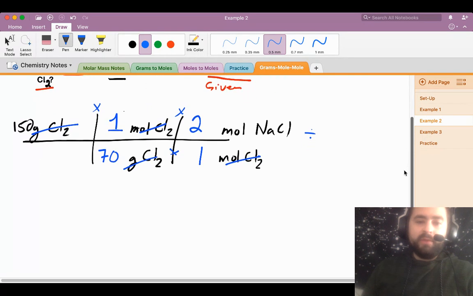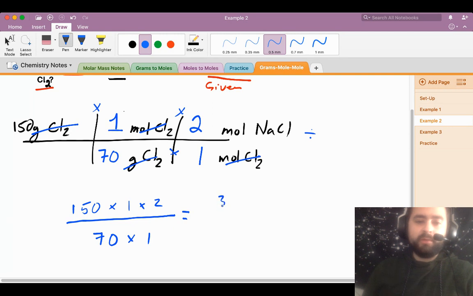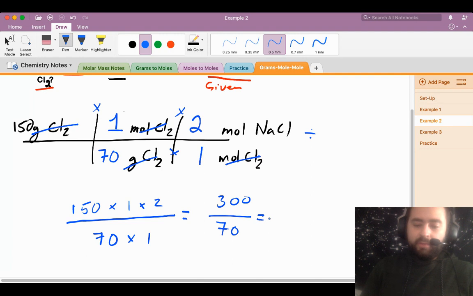So now I'm left with 150 times 1 times 2, the top, divided by the bottom, which is 70 times 1. So if I do the top, I'm going to be left with 150 times 1, which is 150, times 2, 300, divided by 70. Then we got to do 300 divided by 70.